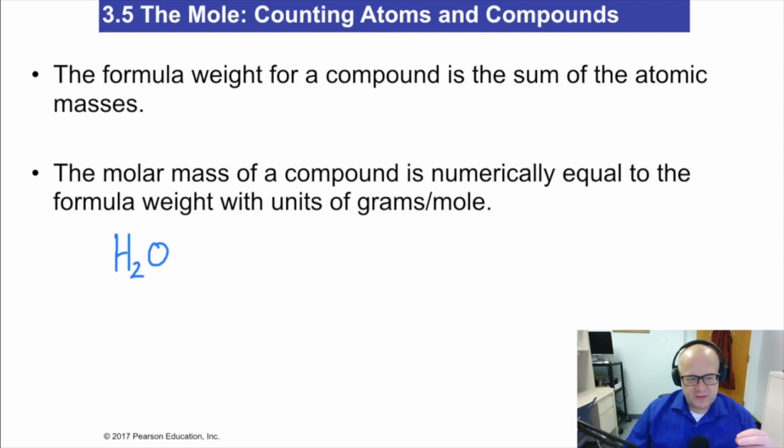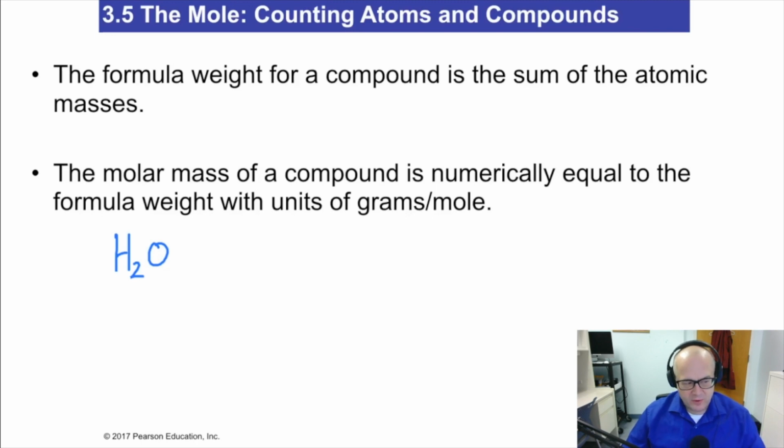Now, first thing you have to think about is that the mass of water, the mass of anything really, is the sum of all the masses of all the parts. Think about a bicycle, for example. The mass of a bicycle is the sum of all of its parts. It's the sum of the seat, the frame, the wheels, the pedals. All these things add up to give you the mass of a bicycle.